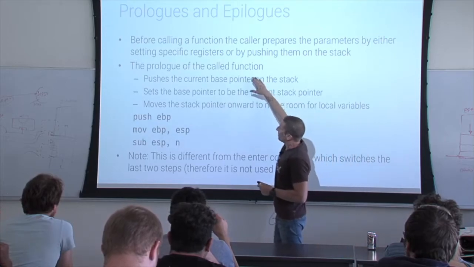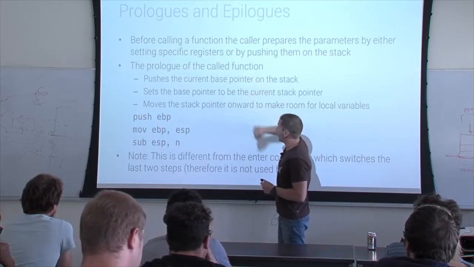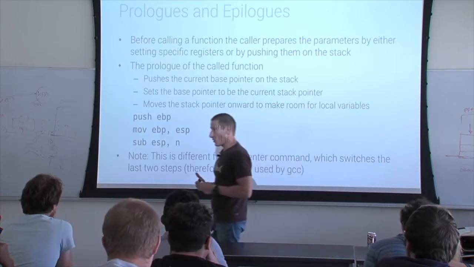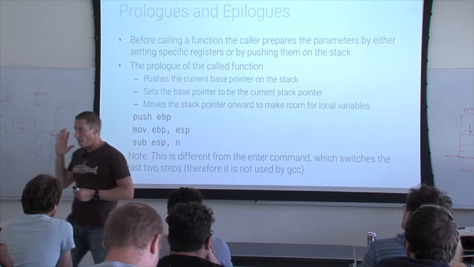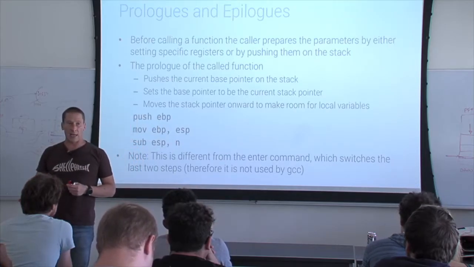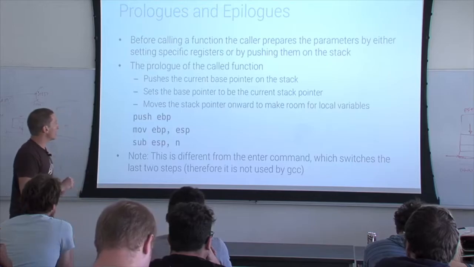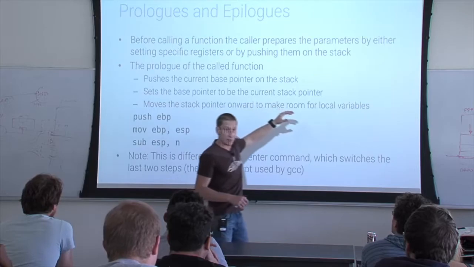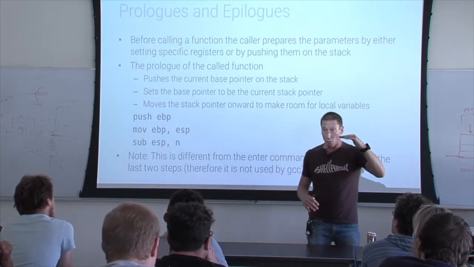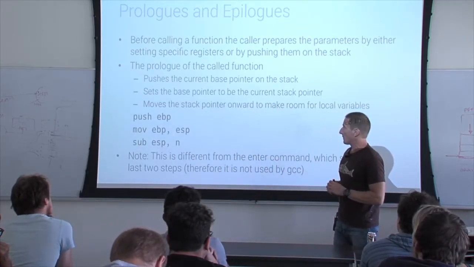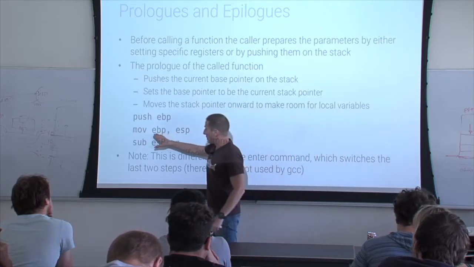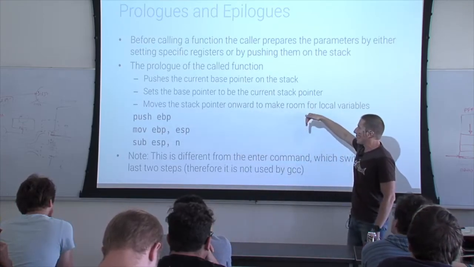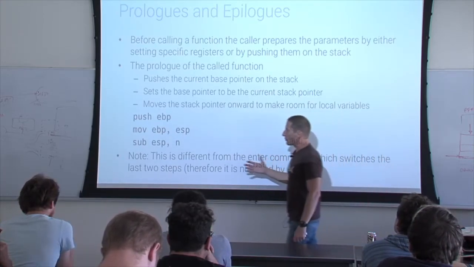Then the prologue of the called function saves the current base pointer on the stack. So it's responsible for saying: I'm going to push EBP on the stack so that I can restore it once I'm done. It sets the base pointer to the current stack pointer: it puts ESP into EBP and moves the stack pointer down to make room for local variables.